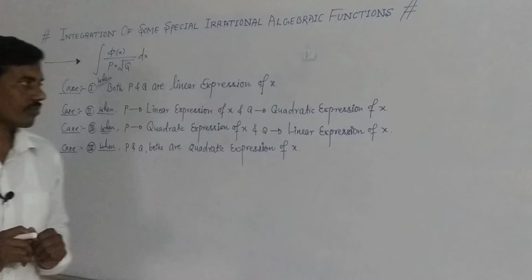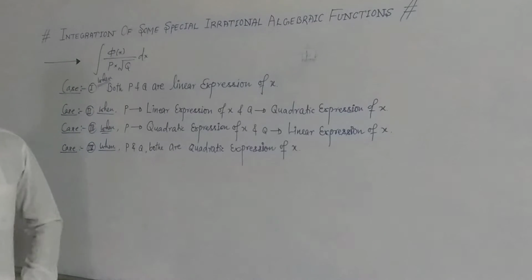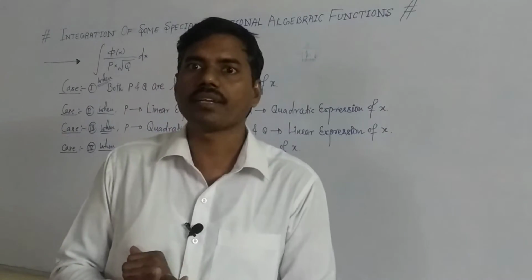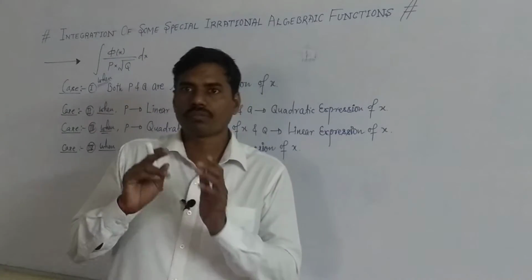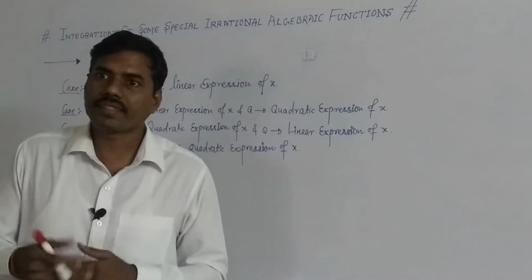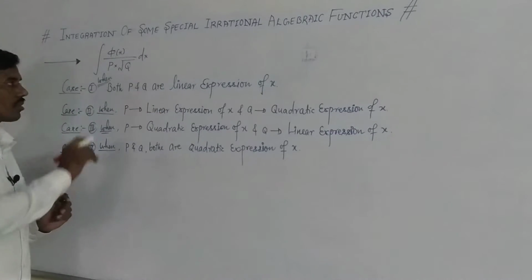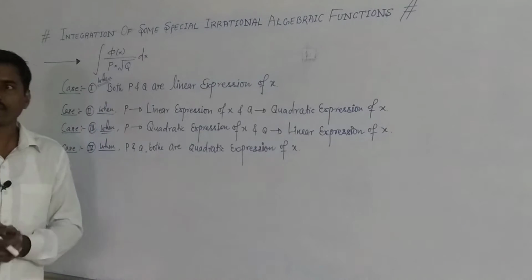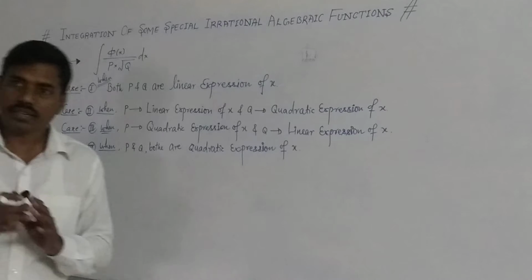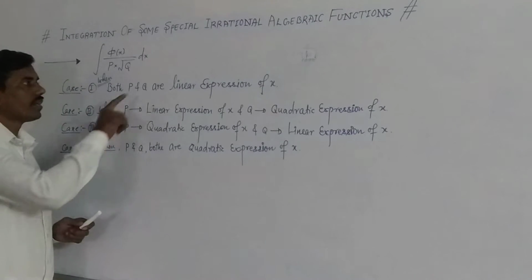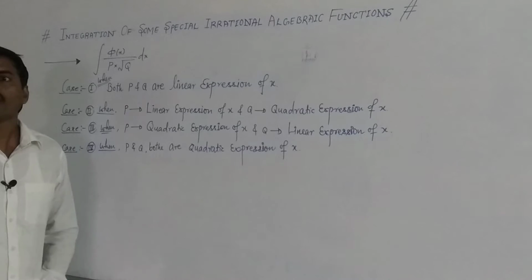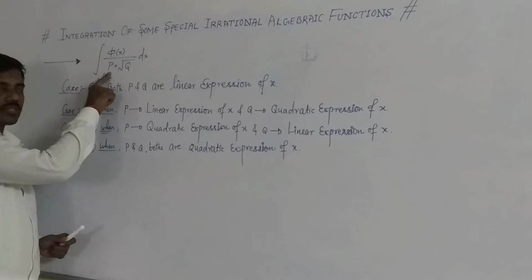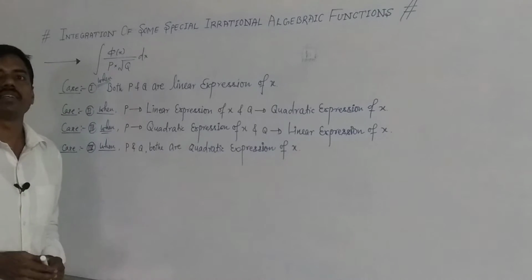Okay, clear? So how can we find the integral when our denominator is made by multiplication of two functions? Using case first, when our denominator contains two linear expressions, in which p is a linear expression and q is also a linear expression.